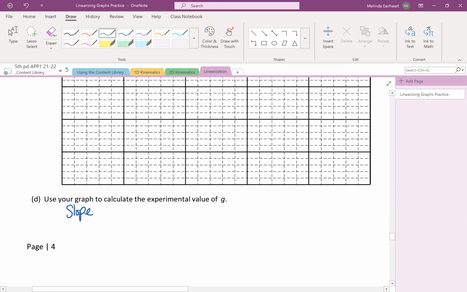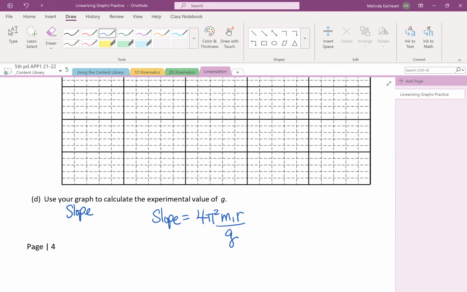And if you look at our y equals mx plus b equation, we had that slope equaled 4 pi squared times m1r over G. Now I know we don't know the slope yet. Could we go on and solve this equation for G so we know what to do once we do have slope?